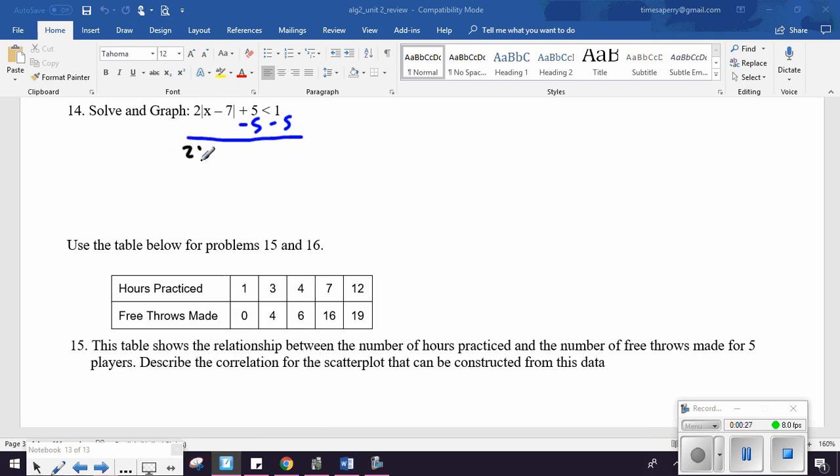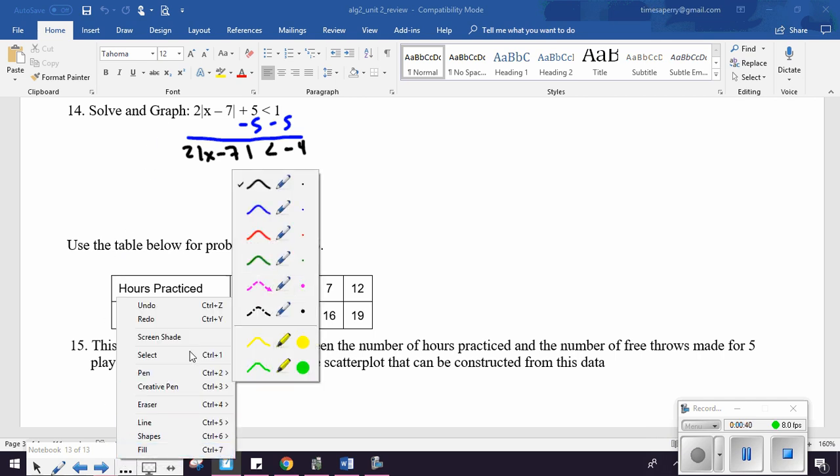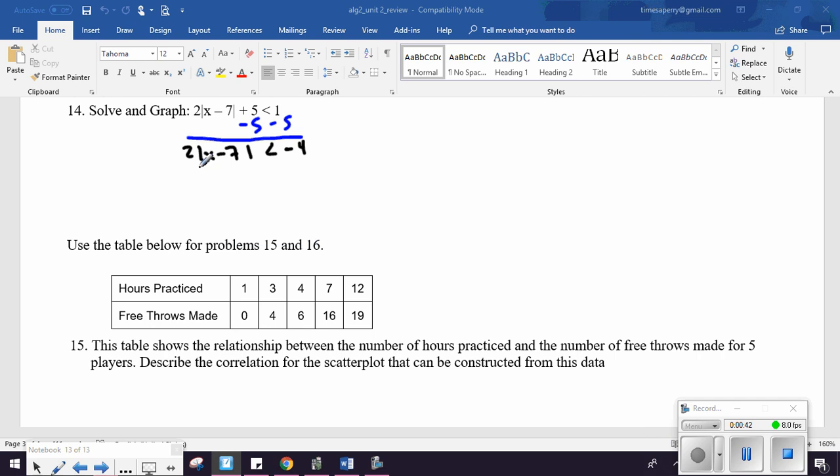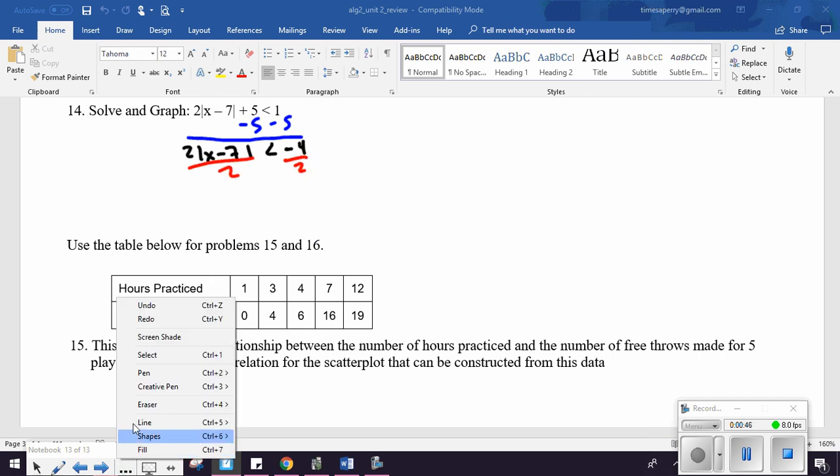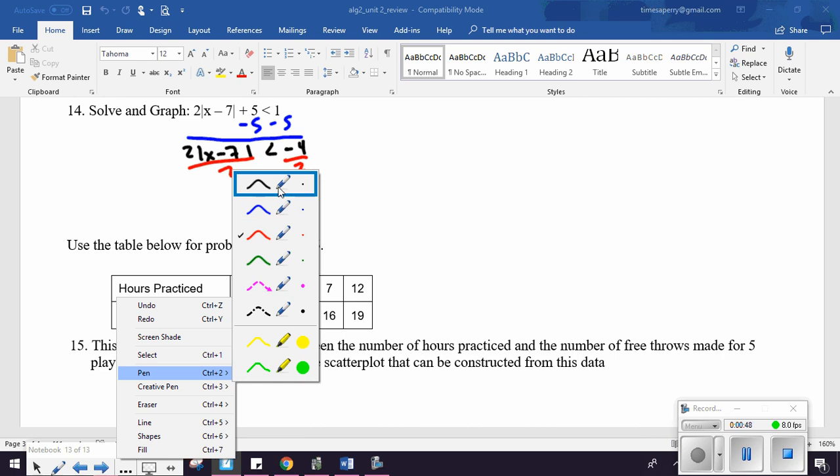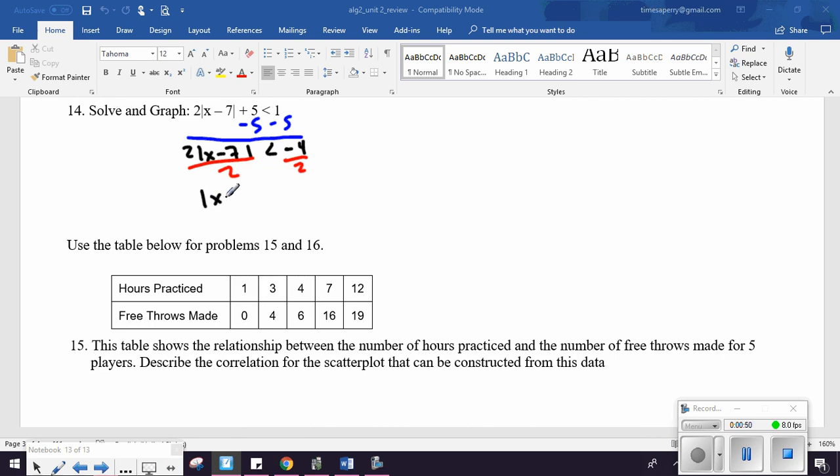Bring down 2, absolute value of x minus 7 less than negative 4. Then divide everything by 2. Left with the absolute value of x minus 7 less than negative 2.